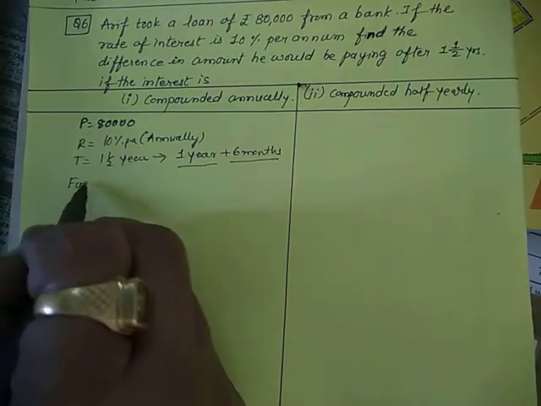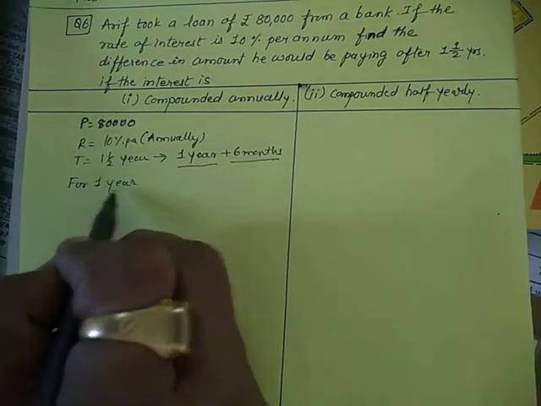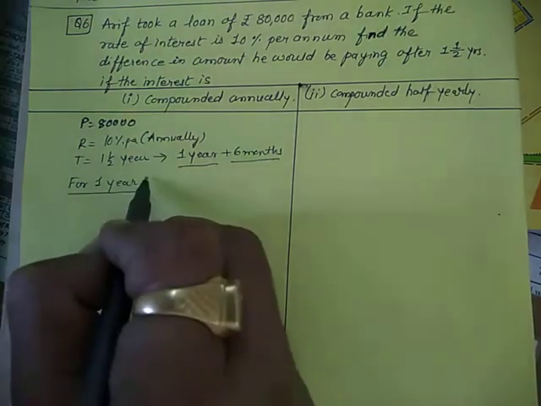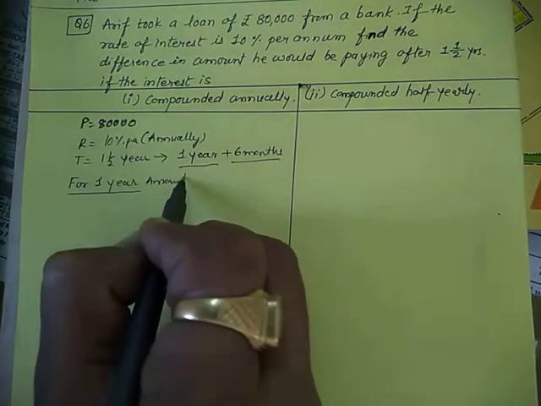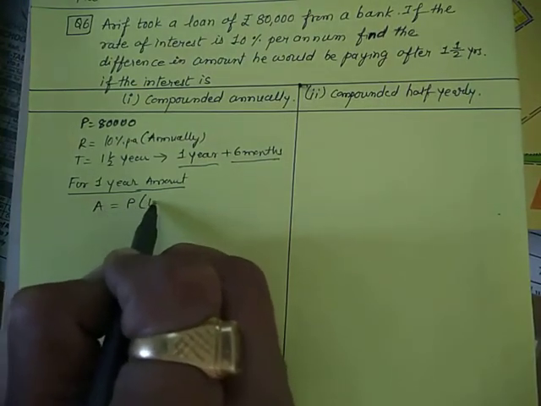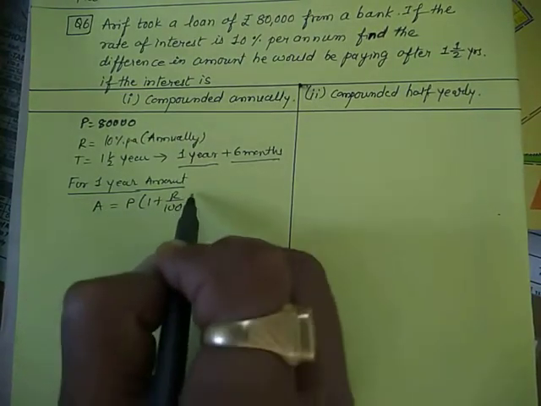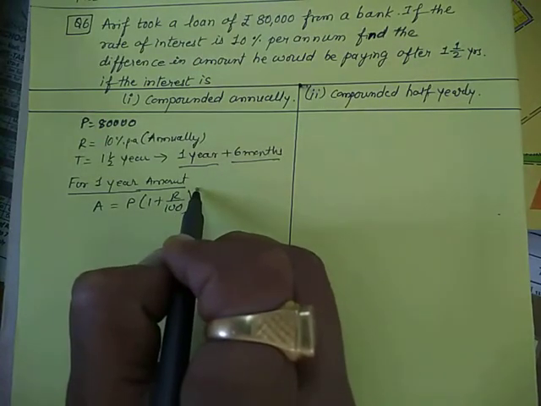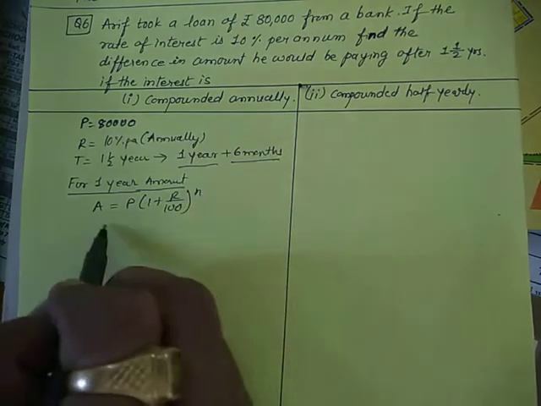So for 1 year amount, okay, the amounting method A = P(1 + rate/100)^n.